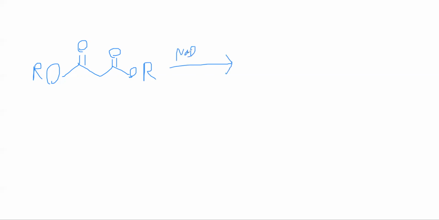And one last thing about Michael addition is, if I take this substrate with these two esters beta to each other, I add a base, and then I add a conjugated thing.